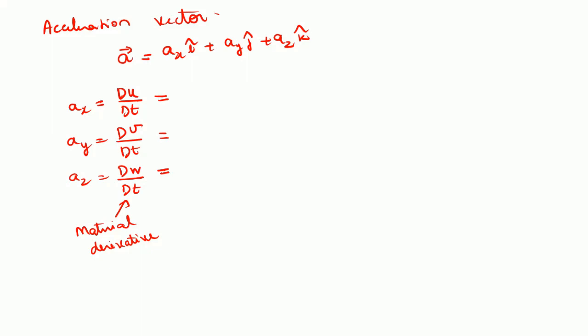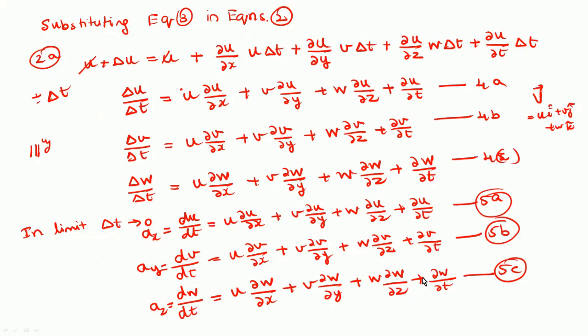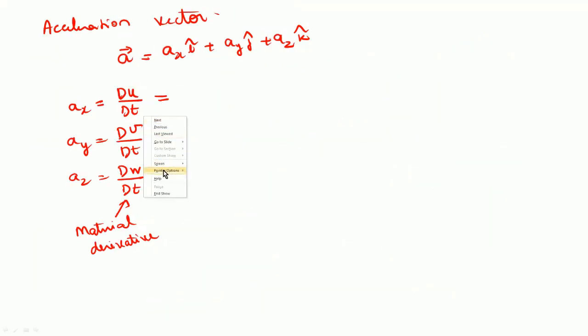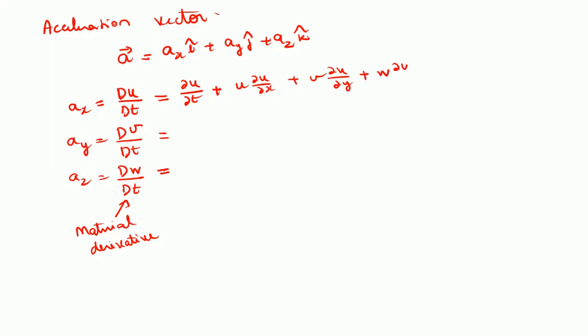Now this material derivative, just a second, students. Yes, I have written it down properly. So I can write this material derivative as dou u by dou t plus u into dou u by dou x plus v into dou u by dou y. I am writing it again, reiterating for the purpose of repetition.